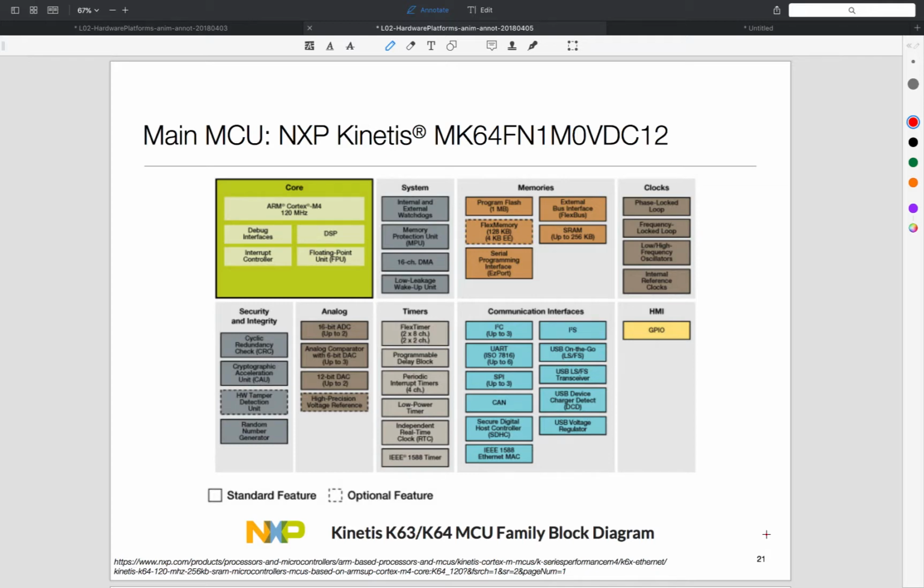The rest of this MCU is all the stuff that normally in a computer you might find on external chips. Starting from the bottom left, security and integrity. It has a bunch of things to help on that front, for example computing various kinds of codes, a random number generator, stuff like that. Then it has a bunch of analog interfaces, analog modules.